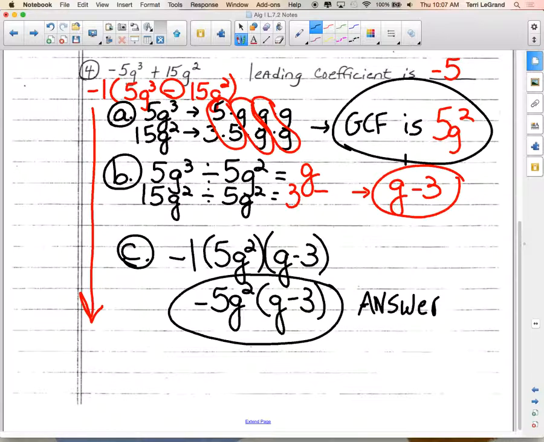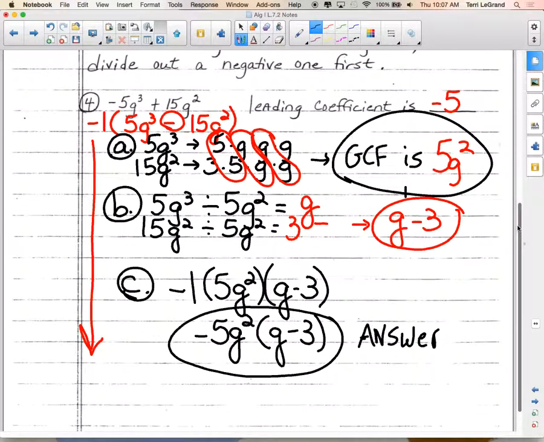So do you see what maybe we could have done instead of dividing out a -1 in the beginning? Just flip the opposite with the negative. Since they both have 5s, we could have made the 5 negative, and then our GCF would be a negative 5g squared, and then we would have been dividing by a negative 5g squared, and that would have just changed how our division looked a little bit.